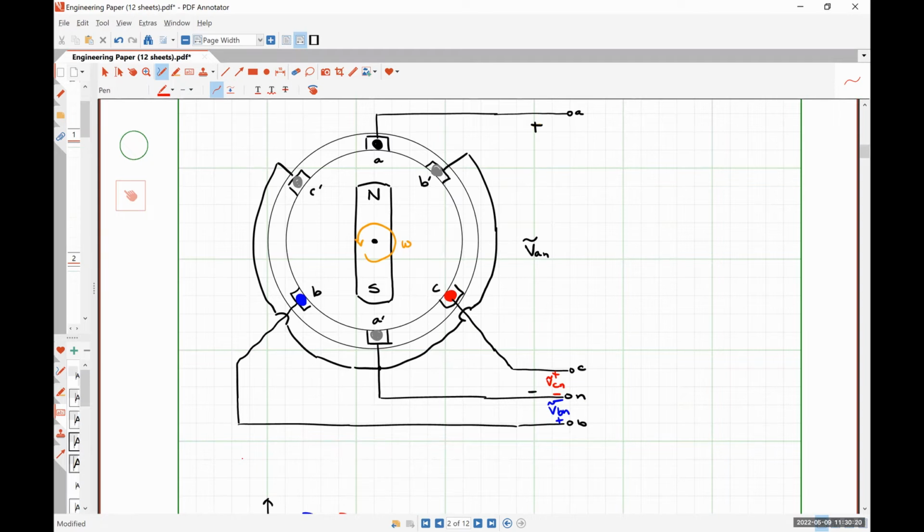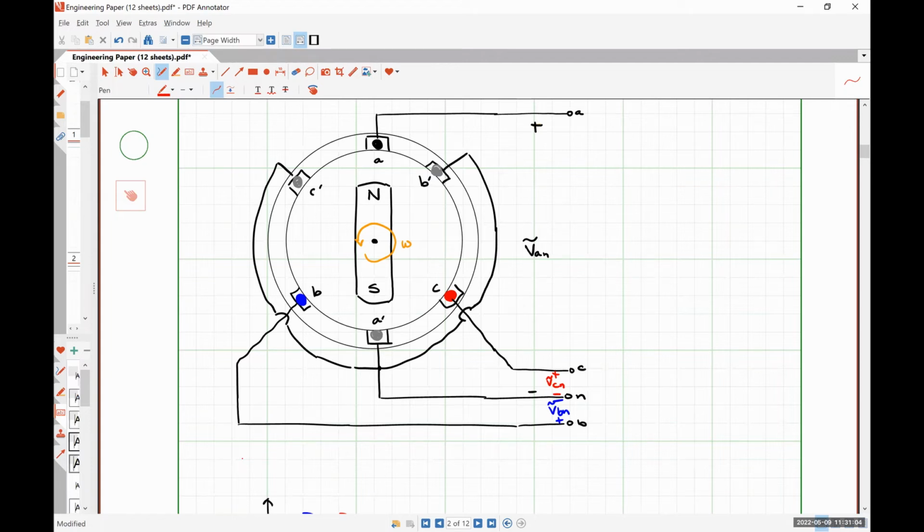And then C is then 120 degrees away from B, and then A is 120 degrees away from C. So that we should observe that our voltage VAN leads our voltage VBN by 120 degrees, which in turn leads our voltage VCN by 120 degrees, and then it just goes over and over and over, okay? So that's how we get exactly 120 degrees of phase separation between our signals, okay?